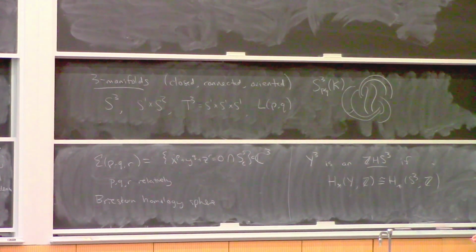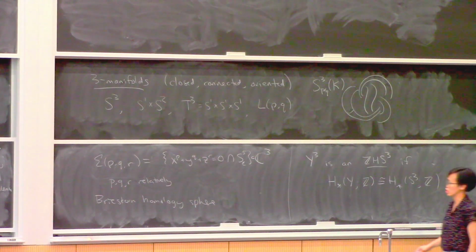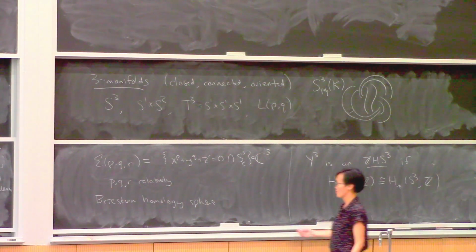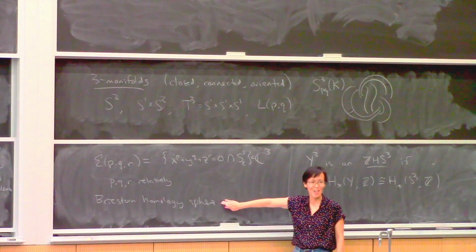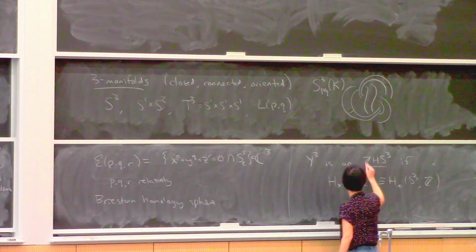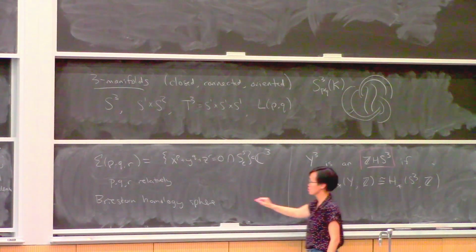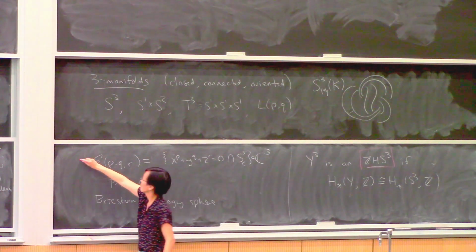Okay, so which of these examples are integer homology spheres? This is sensibly named, so this in fact is an integer homology sphere.